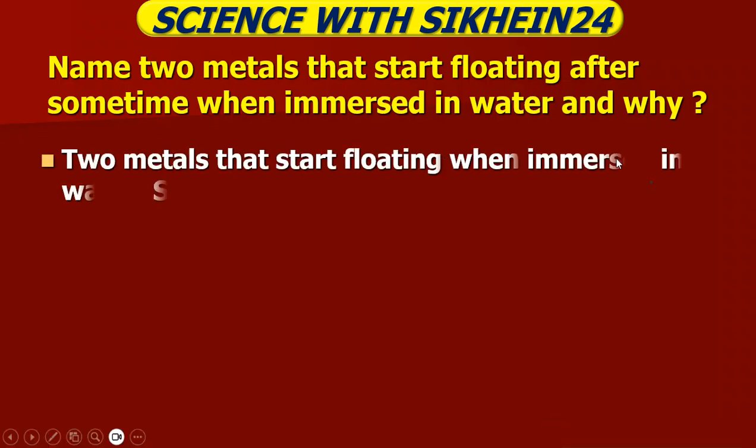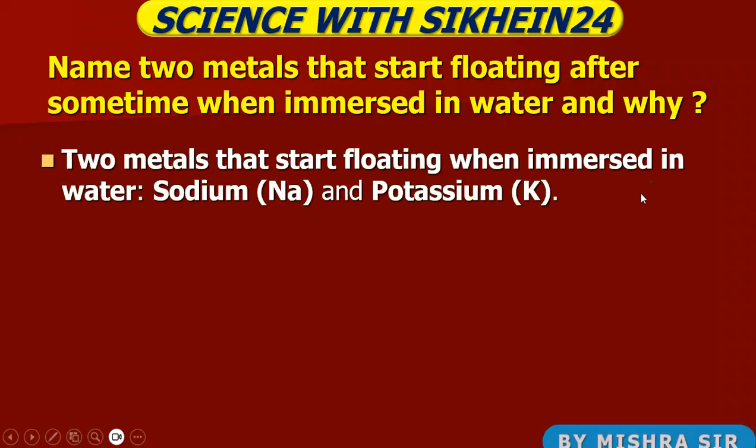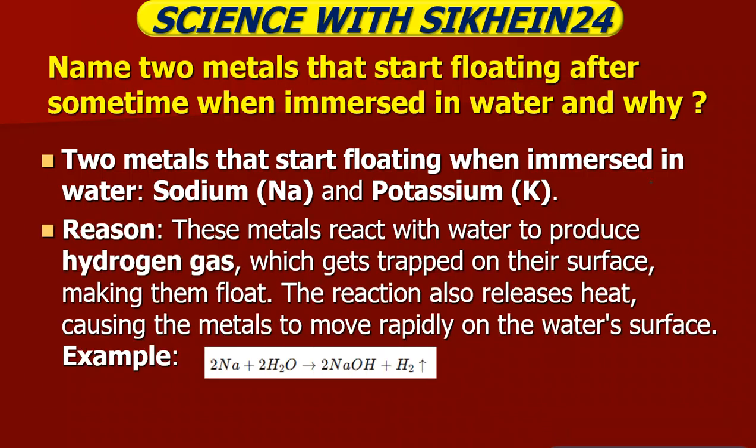The two metals that start floating when immersed in water are sodium, symbol Na, and potassium, symbol K. Reason: these metals react with water to produce hydrogen gas which gets trapped on their surface, making them float. The reaction also releases heat, causing the metals to move rapidly on the water's surface.